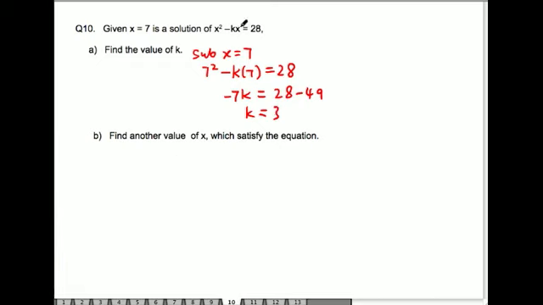Since we have found the value of k, we can now put the value of k into the equation to get x squared minus 3x equals 28. This is a quadratic equation. Thus, we make the right hand side 0 and then we factorize it.